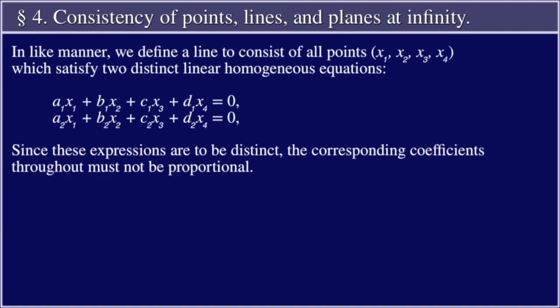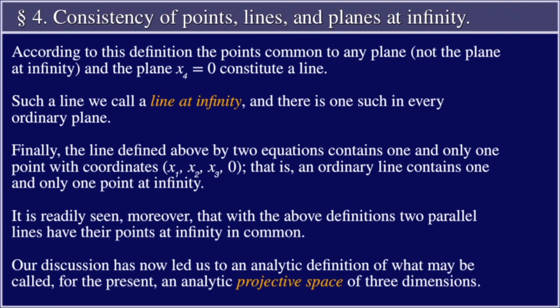Since these expressions are to be distinct, the corresponding coefficients throughout must not be proportional. According to this definition, the points common to any plane, not the plane at infinity, and the plane x sub 4 equal to 0 constitute a line. Such a line we call a line at infinity, and there is one such in every ordinary plane.